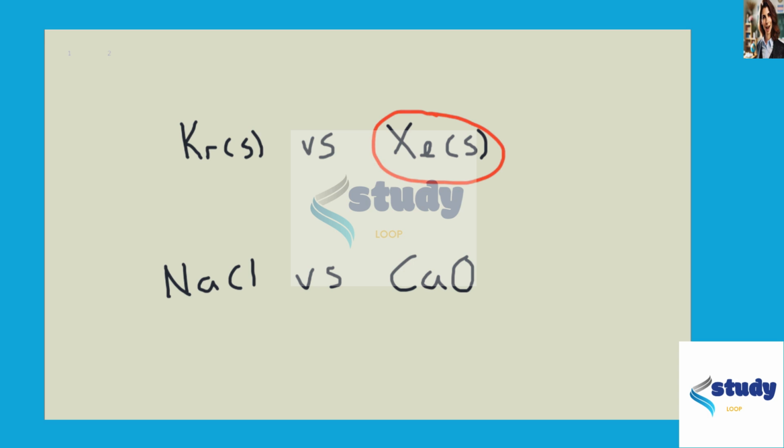And finally, if we consider the comparison between sodium chloride and calcium oxide, we're dealing with two ionic solids here. So both sodium chloride and calcium oxide are going to be ionic. So the main thing that we're going to be considering here is the difference between them is the magnitude of their charges.